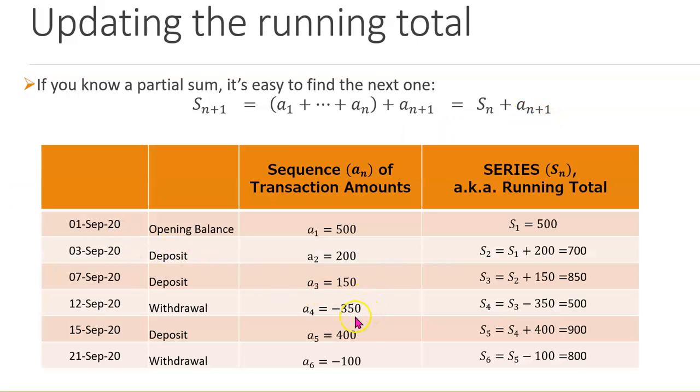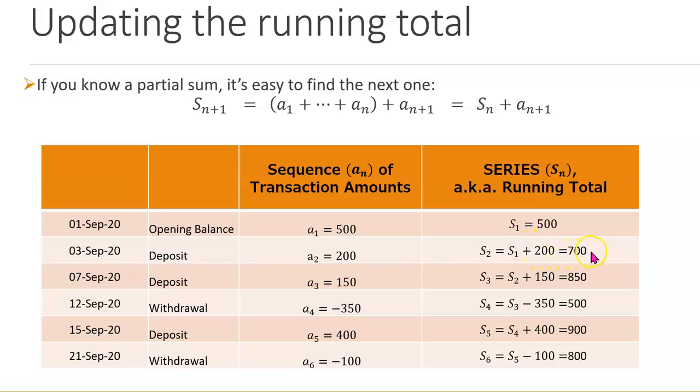So let's look at our bank example again. You open the account, so your balance is $500. On September 3, you make a deposit of $200, and your new balance is the previous balance plus this $200.